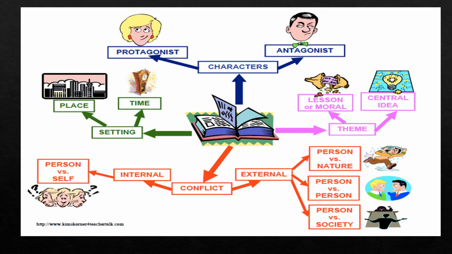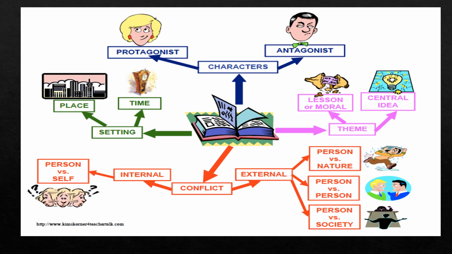To summarize the elements of the story, look at this mind map. At the center is the story, and then we have the characters, the protagonist and antagonist. The protagonist is the main character, while the antagonist is the villain in the story. And then the setting talks about the time and place the story happens.